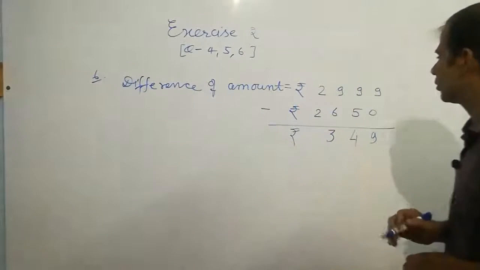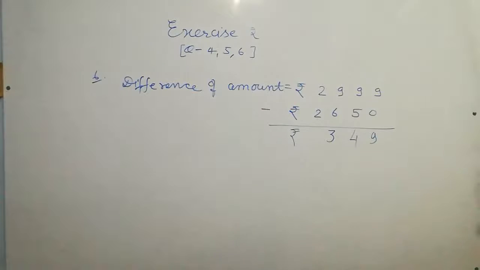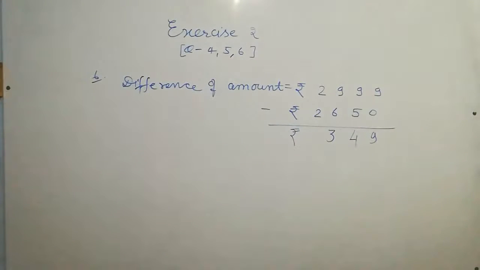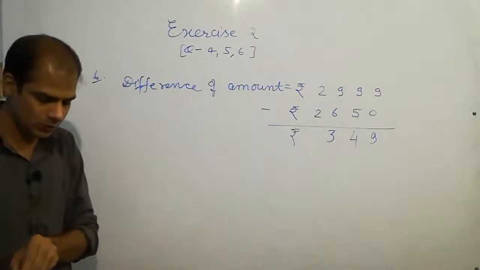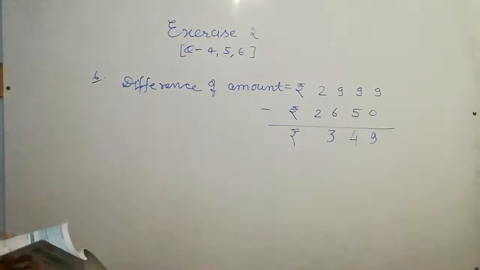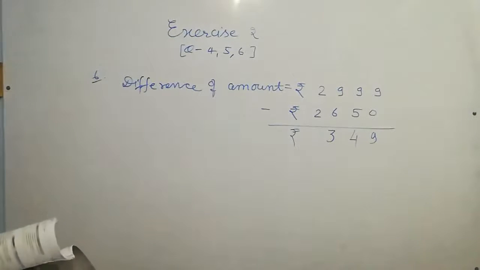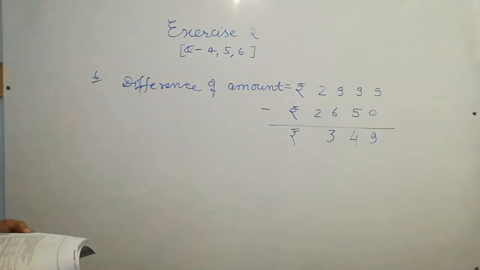Answer is rupees 349. Whenever you solve, you have to check your answer at the back of the book. Question number 6 of exercise 2, I check it for you. It is 349. Now the answer is correct.